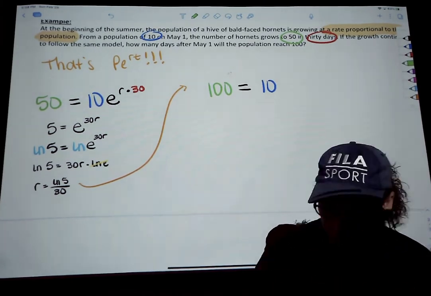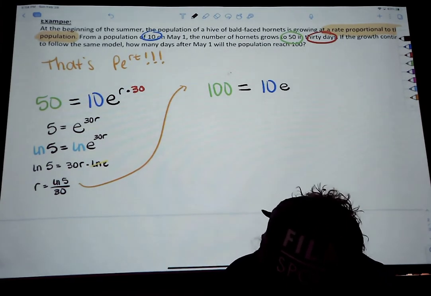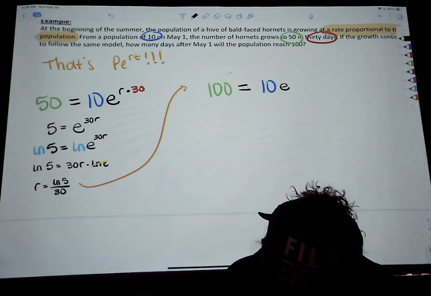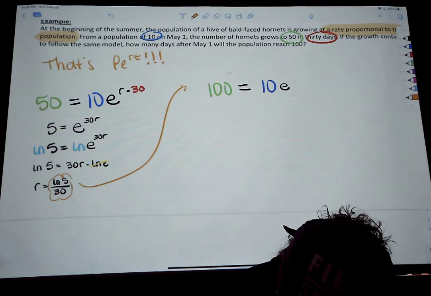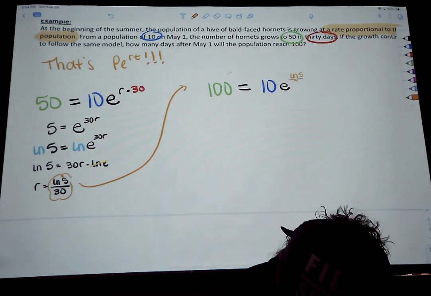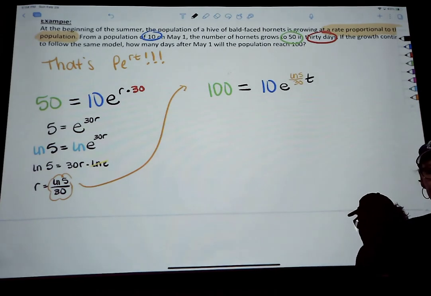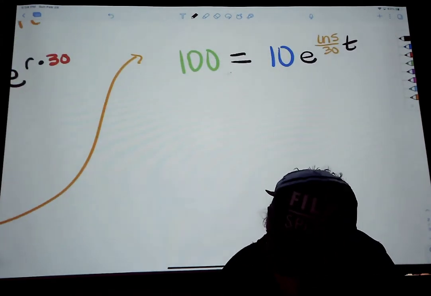So I've got 10e to the, now I'm going to use the r that I found, ln 5 over 30, times t. That's what we're trying to solve. So divide both sides by 10.